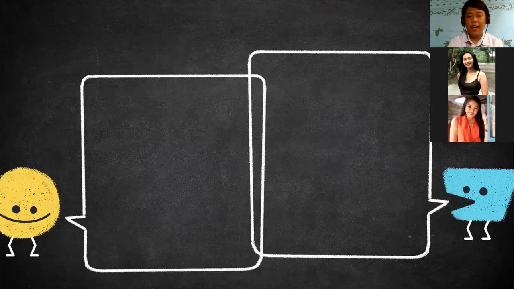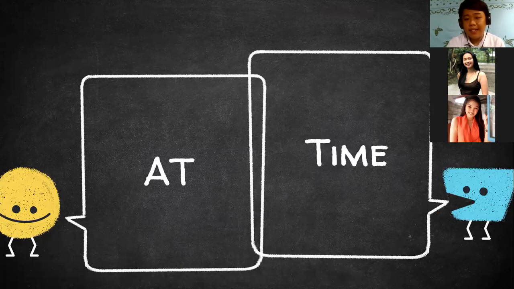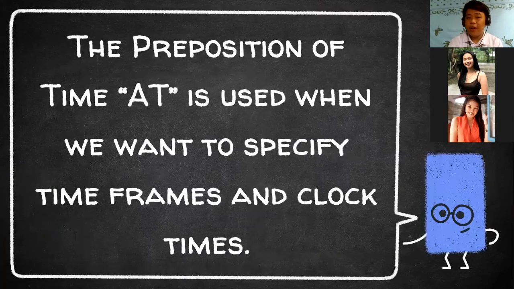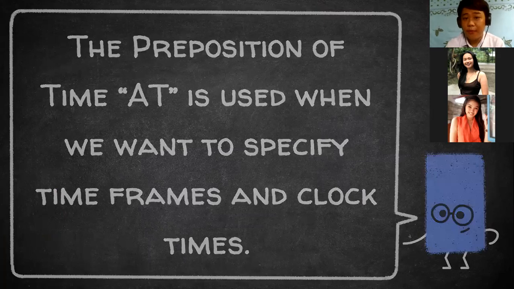Sir, it's at. Okay, at. And based on what your classmate said earlier, at is used when we are talking about time. So just remember that the preposition of time at is used when we want to specify time frames and clock times. Okay, we are done with the first text.